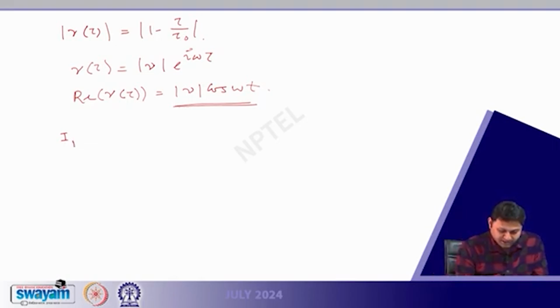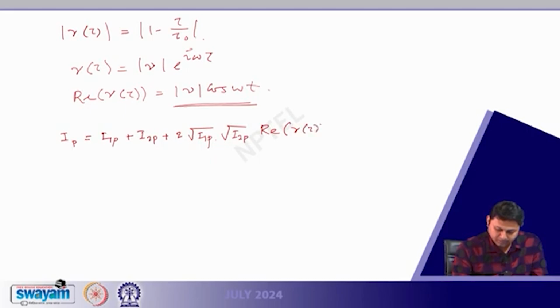So let me write down, I P was I1 P plus I2 P plus 2 root over I1 P root over I2 P, and then the important term, real part of gamma tau.